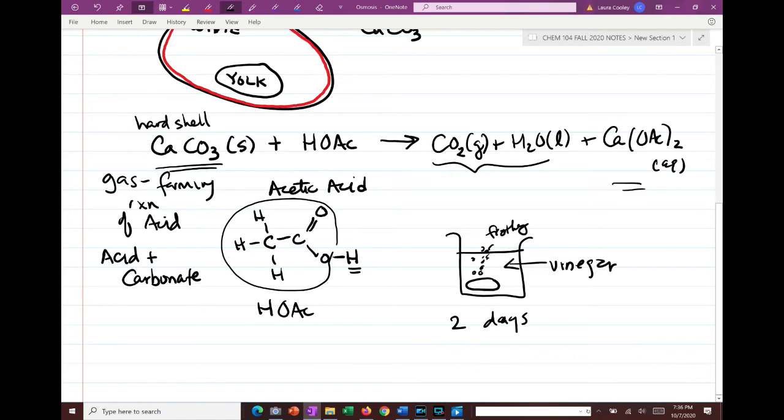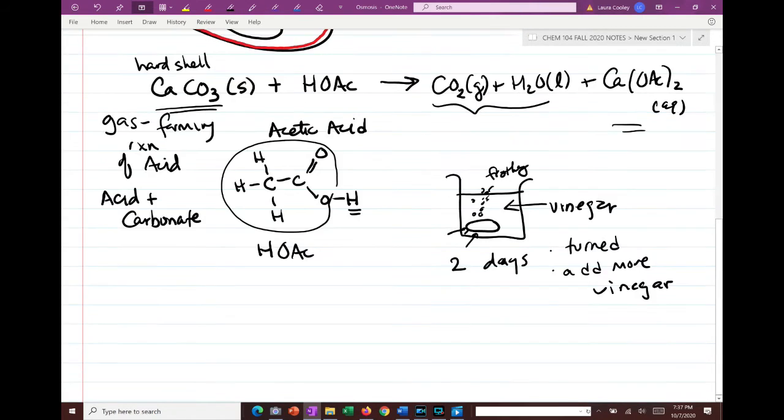Sometime the second day, I started to see if I could squeeze the egg, see if it still had some shell. I turned it a couple of times, I had to add more vinegar because it wasn't really getting rid of every last bit of the shell. And so I made these shell-less eggs that I'm going to show you now. And then I'll come back and I'll talk about what happened.